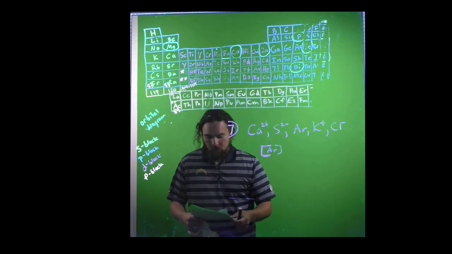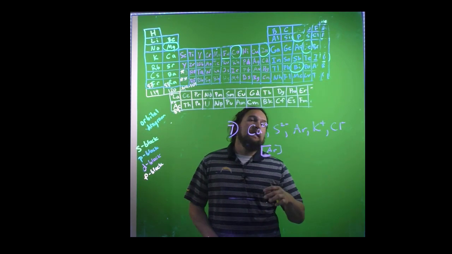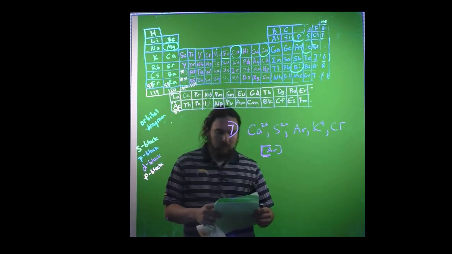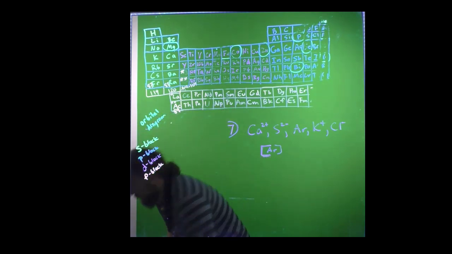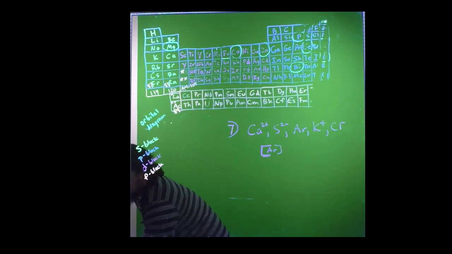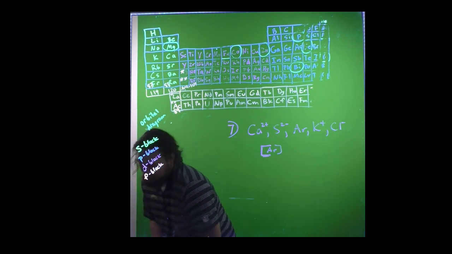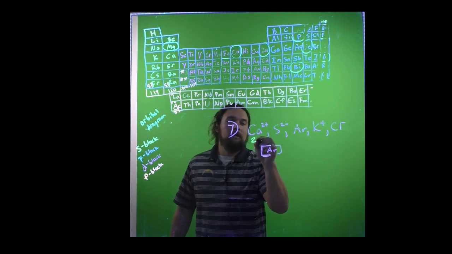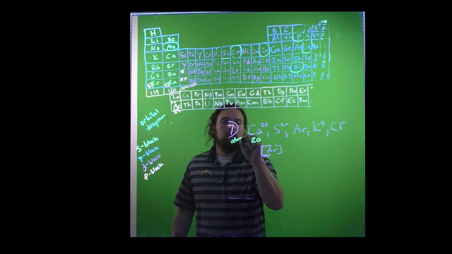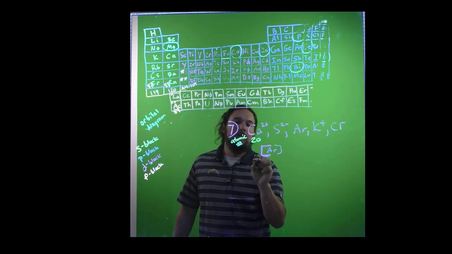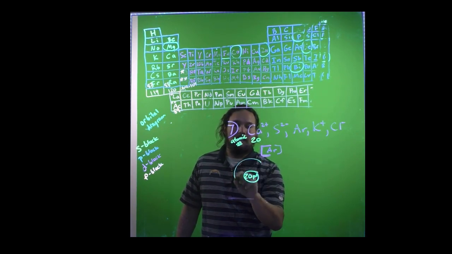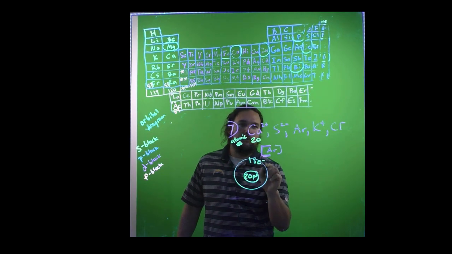So let's determine which one would be the smallest and which one would be the biggest. Calcium has an atomic number of 20, so it has 20 protons in its nucleus, but 18 electrons going around.